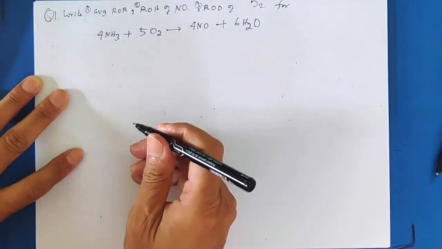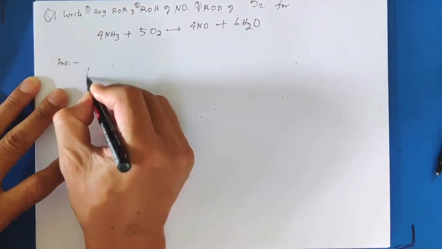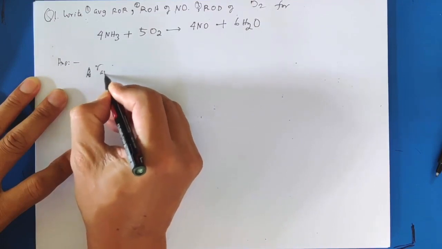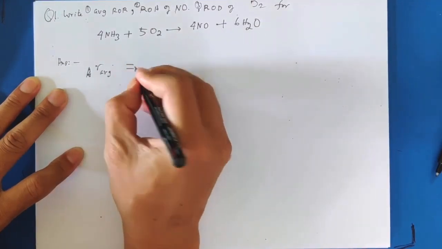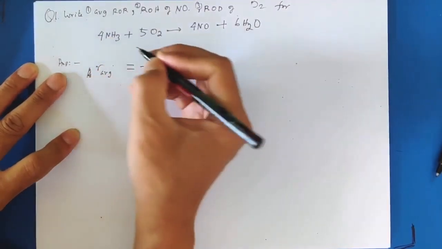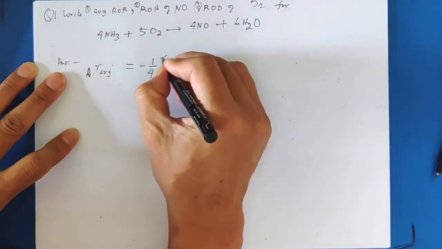Okay. Question 2. So now we know the answer. Average rate of reactions: here the reactants get a minus sign, and the coefficients are 1/4 also.